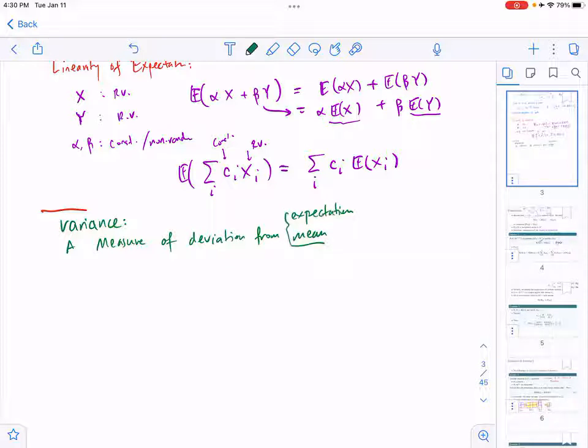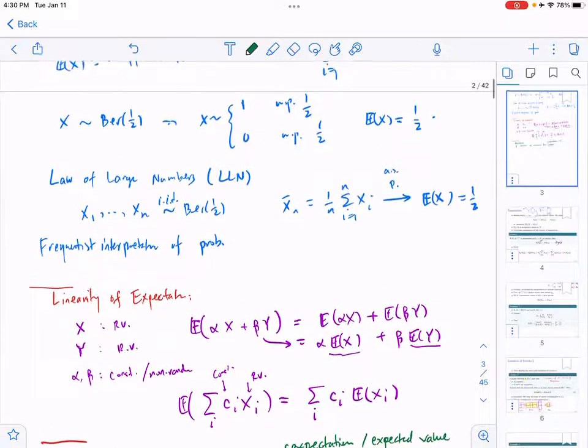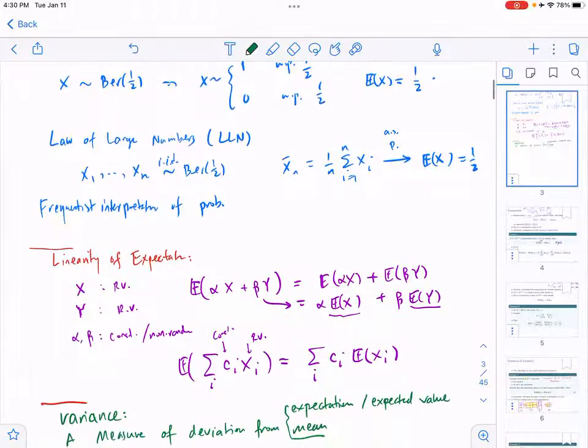So when you say expectation or expected value, we have this in the law of large numbers interpretation, or frequentist interpretation of expectation.